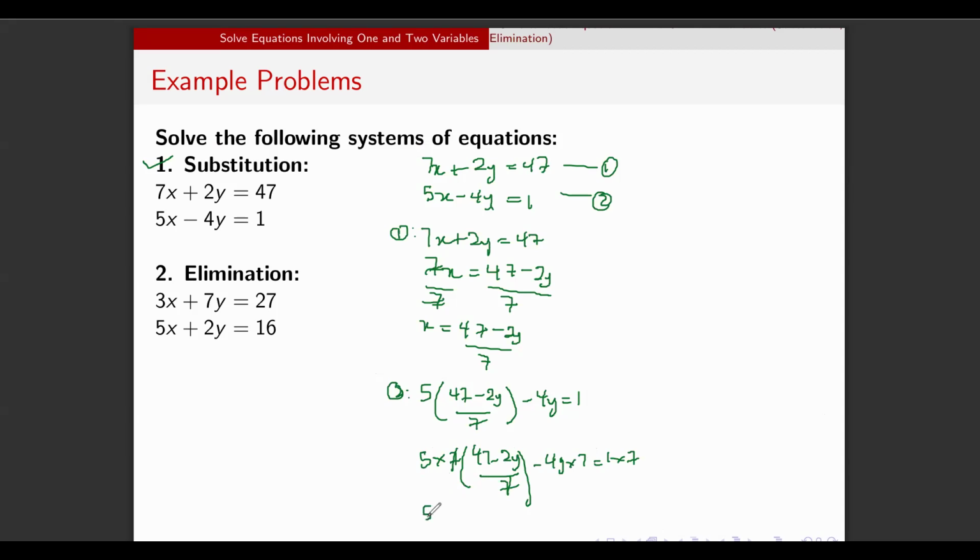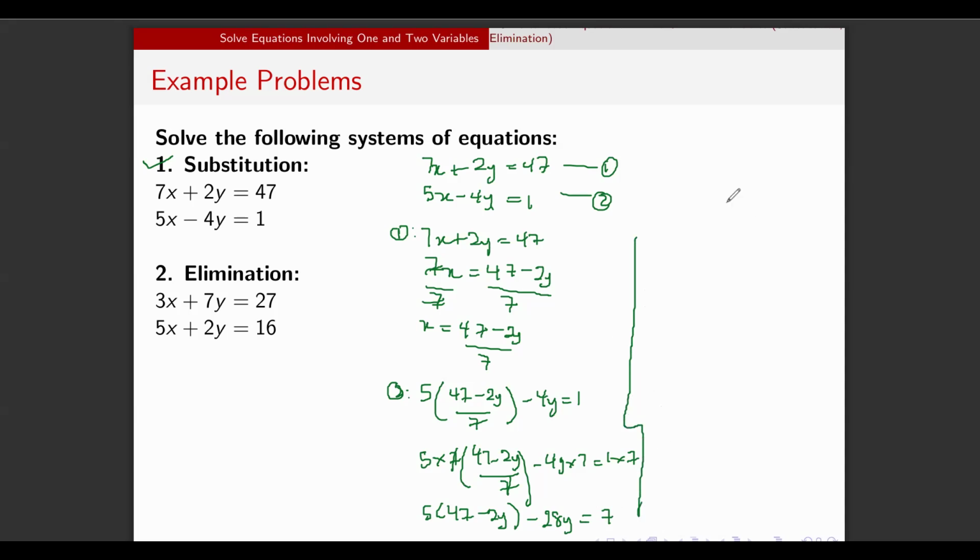So I'm going to have 5 times (47 minus 2y) minus 28y, equals 7. 1 times 7 is 7. So I'm going to draw a line and continue here.